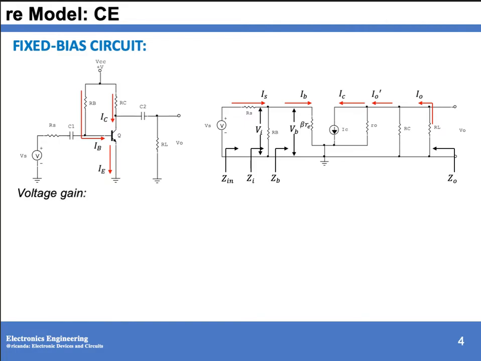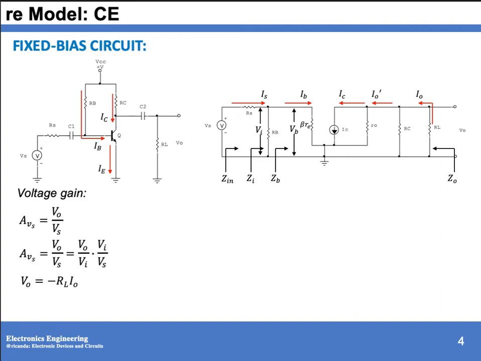For the voltage gain, that is equivalent to Vo over Vs, because your input voltage is Vs. Or it is equivalent to Vo over Vi times Vi over Vs. Solving for your Vo, it is the voltage across your RL, and the current that flows in your RL is Io, but the polarity of your Io is against the polarity of your Vo. So therefore, that is equivalent to negative RL Io.